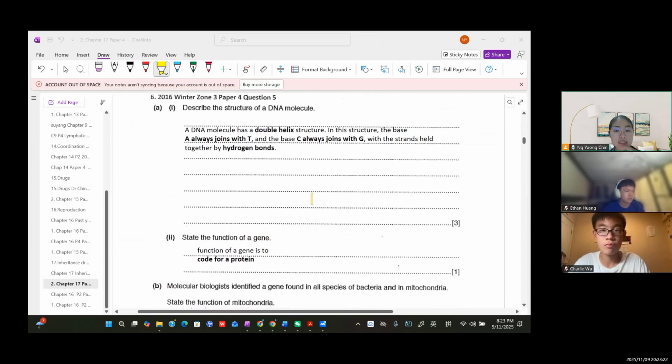Okay, let me show you another question. How are we able to describe the structure of DNA? The DNA molecule is a double helix. It's two-stranded, just two strands joined together, so they call it double helix. And then you should describe the base pairing, like A to T, C to G. And those base pairs are joined together by hydrogen bonds.